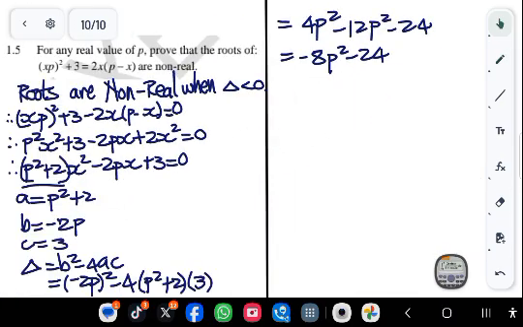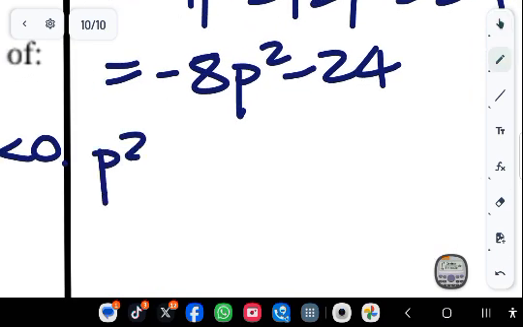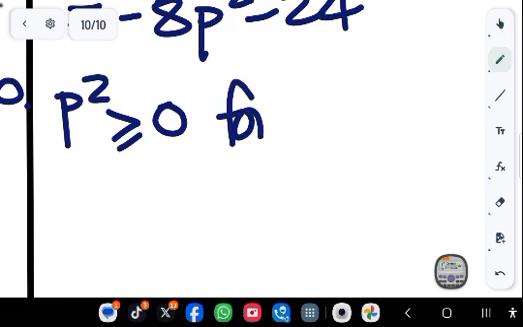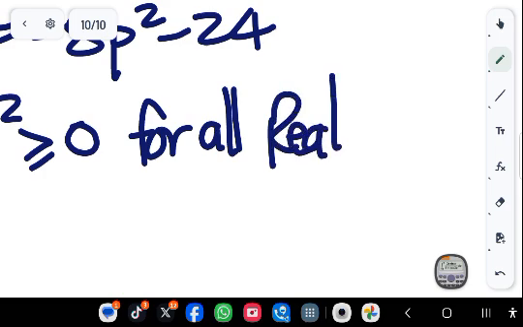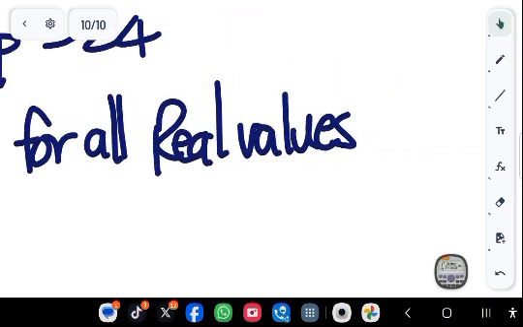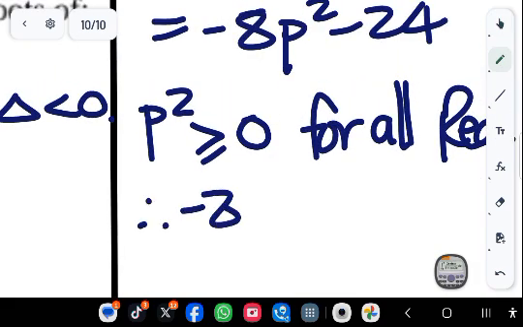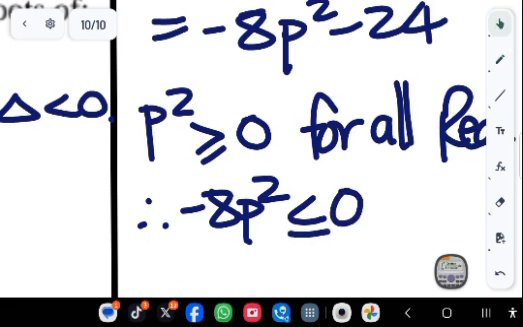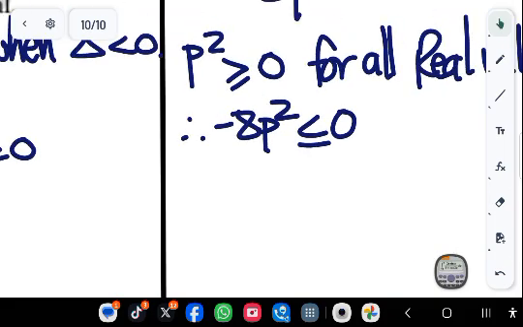Alright, now let's analyze this. For all real values of p, p squared is always positive or greater than or equal to 0, because whatever p is, when we square it, it will be non-negative.